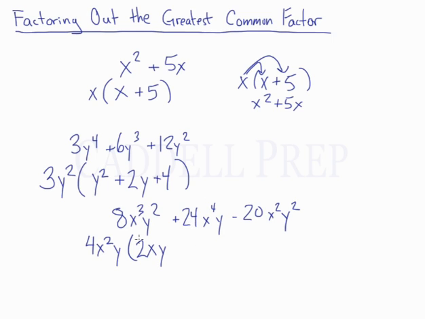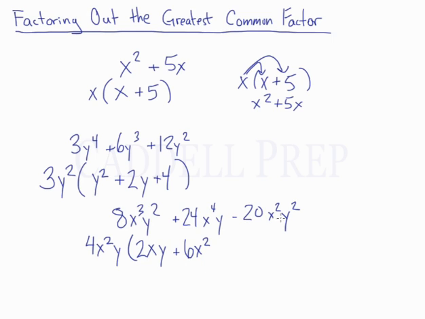Okay, next term, 24 divided by 4 is positive 6. x to the fourth divided by x squared is x squared. y divided by y, they cancel out, or 1 minus 1 is 0. Anything to the 0 power is 1. So 6x squared times 1, just the same exact term.